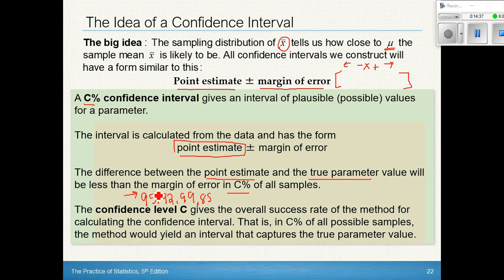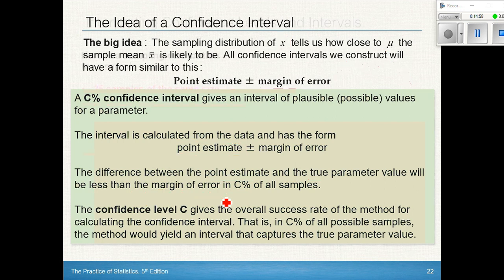If I create a 92% interval, that says if I take 100 samples, in 92 of those I'll create an interval that captures the true population mean. If it's an 85% confidence interval, 85 of those are good samples and they'll capture the true population mean.